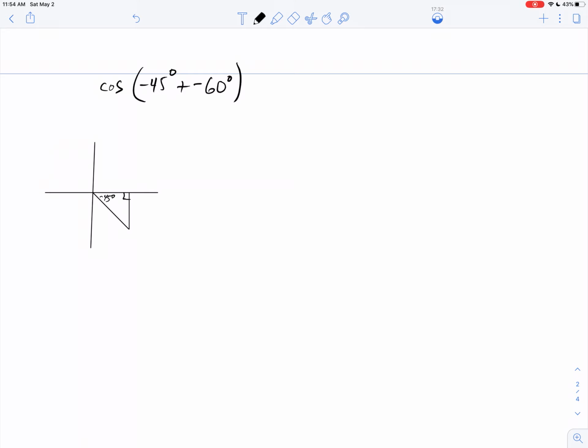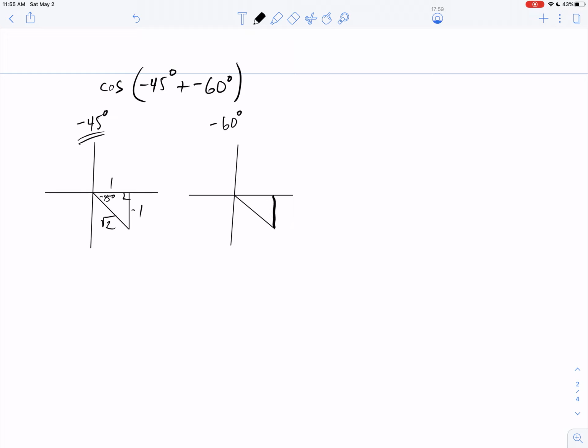It means I had to go clockwise instead of counterclockwise. So when I label my sides, don't forget this guy's got to be negative because he's in quadrant 4. He's on the negative side of the y-axis. This is a negative 45 degree reference angle. I'm going to draw a negative 60 degree angle too. So what does that mean? My next angle that I draw, ooh, that's so crooked. Sorry, guys.